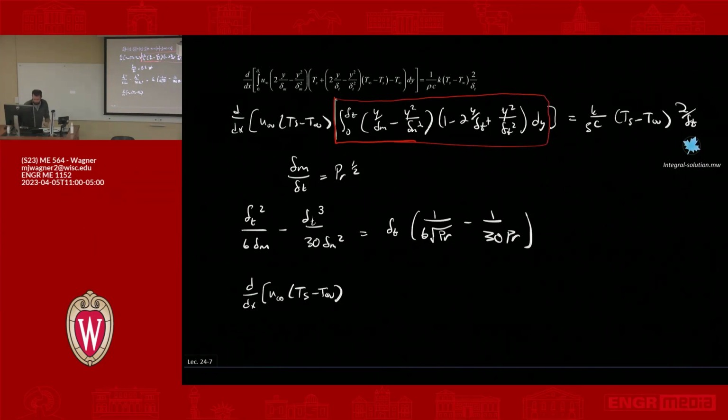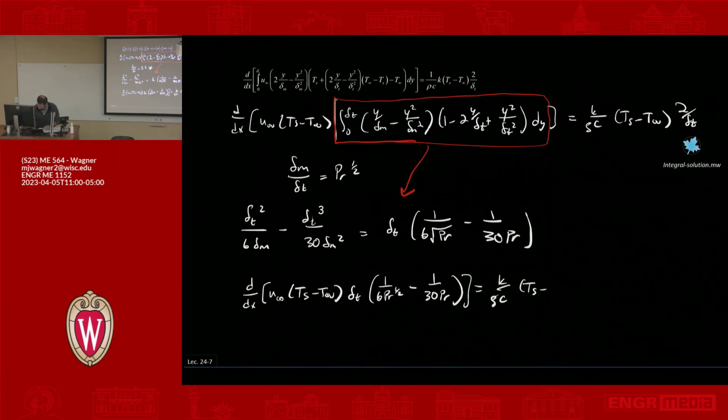That integral gives us this result. So putting that back in, we get delta t times 1 over 6 Prandtl to the 1/2 minus 1 over 30 times Prandtl, and that's equal to k over rho c times T s minus T infinity times 2 over delta t.